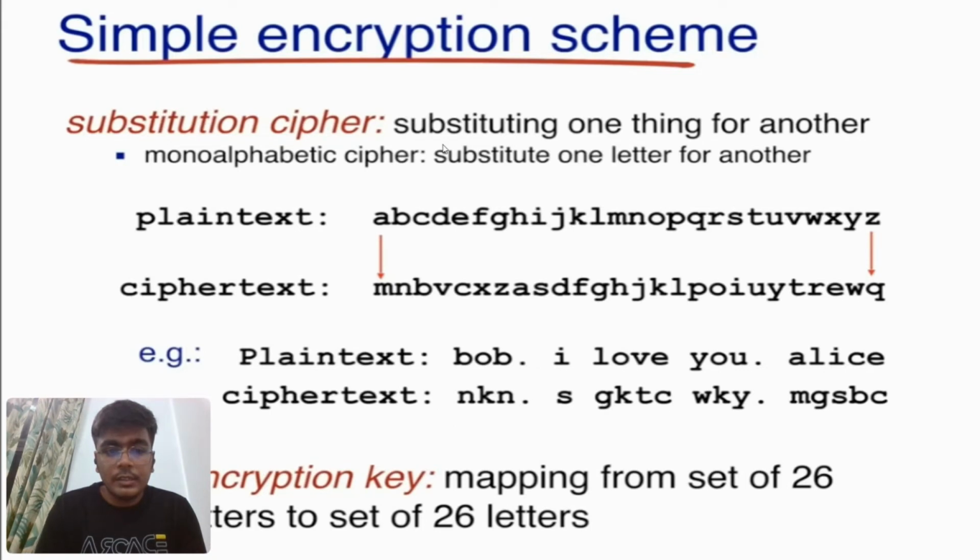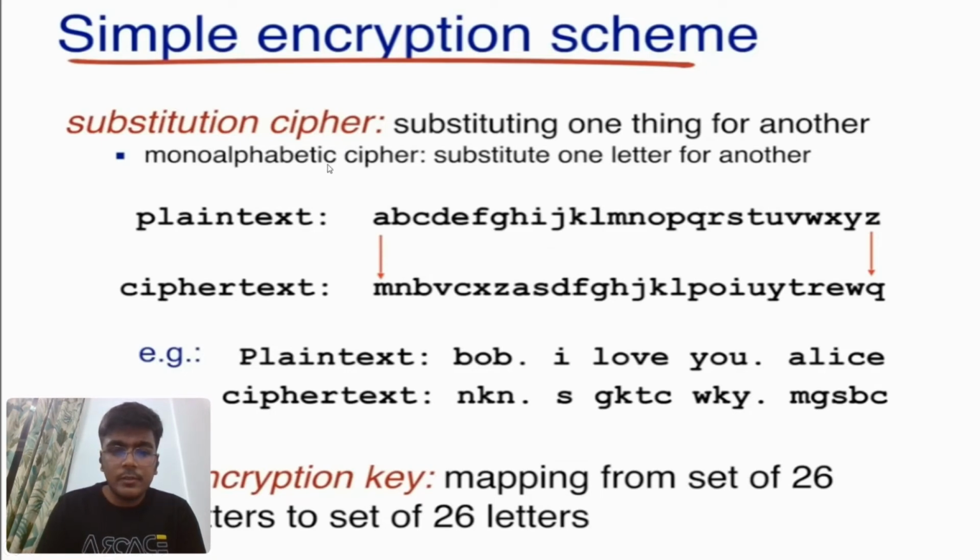For example, in this, Alice wants to send Bob a message that says, "Bob, I love you. Alice." So here she's going to replace every letter by the ciphertext which we have given here, and form the ciphertext. This is the key here, the ciphertext, which we have replaced every letter from the plain text.